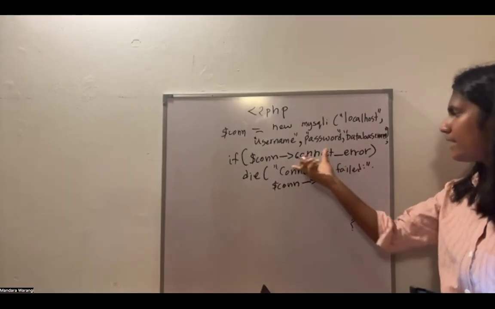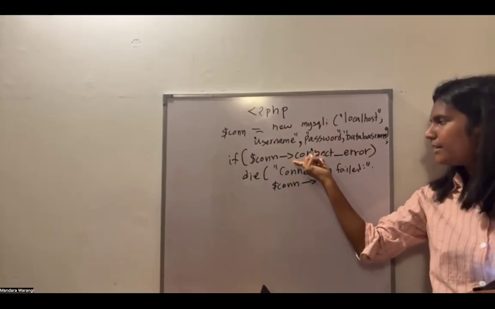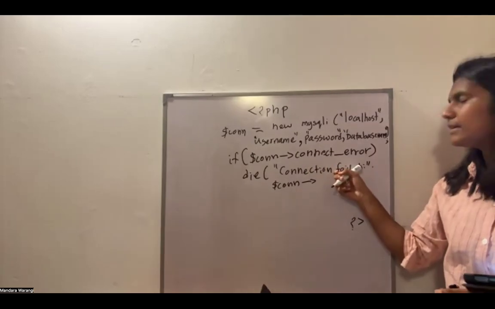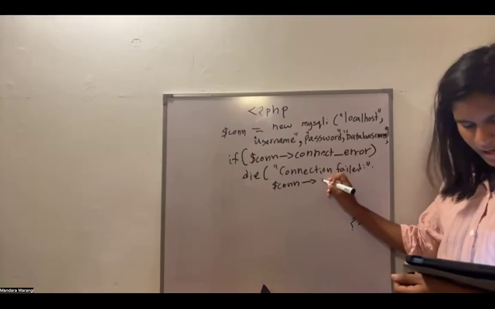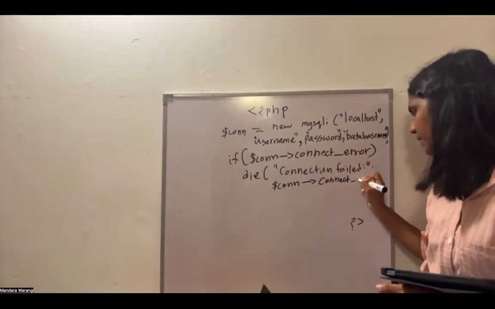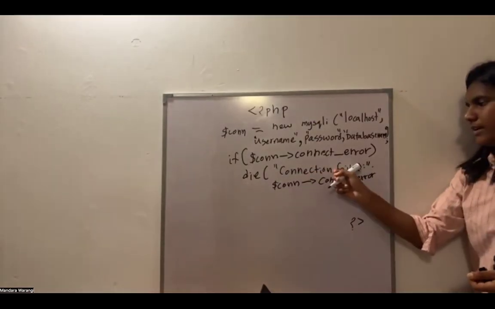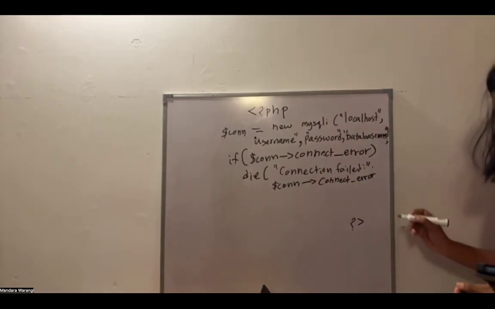If there is an error, the error comes here, and the error is caught by this, right? I need to pop to the screen the message that the connection has failed, and also the connection error, so that the developer can know. Okay, I think you understood. The connection failed message and the connection error are popped out to the screen.